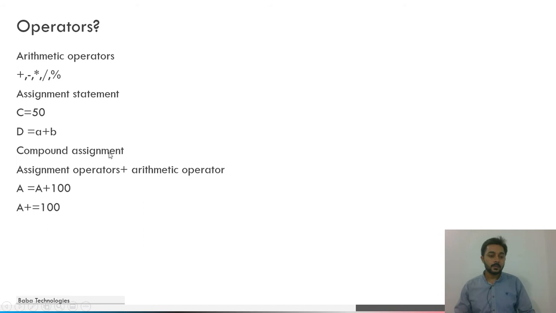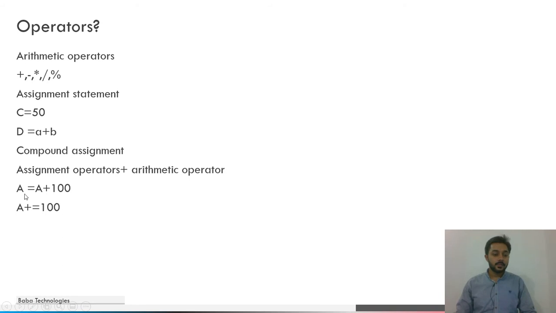And the compound assignment. Compound assignment is very simple: it is the assignment operator plus an arithmetic operator, a combination of both, because the equal sign is the assignment operator and there are arithmetic operators. There are five arithmetic operators: addition, subtraction, multiplication, division, and modulus.